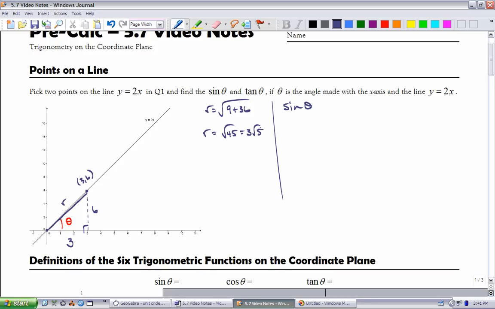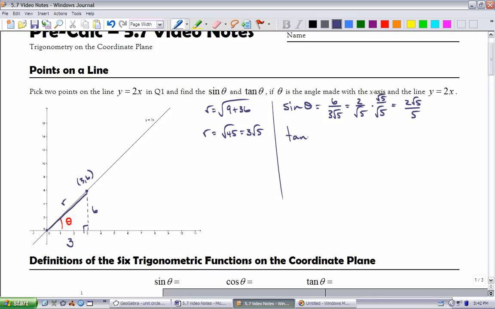Okay? Once we have that, we can say, alright, then the sine has to equal 6 over 3 square roots of 5. Or we reduce to 2 over the square root of 5, and by rationalizing that, we end up with 2 square roots of 5 over 5. So that's the sine of our theta.